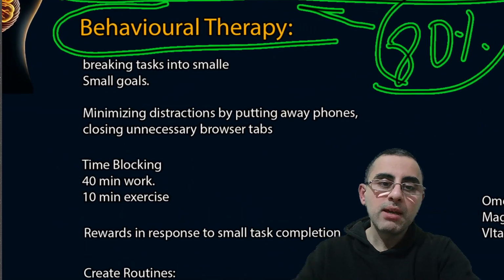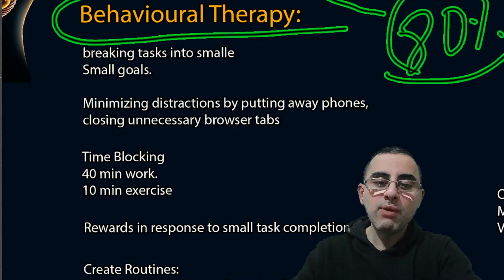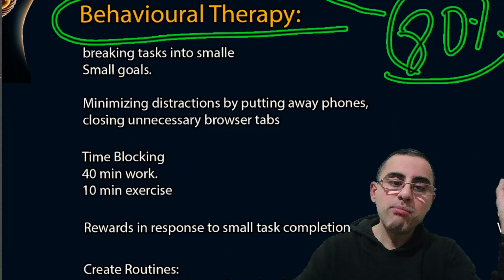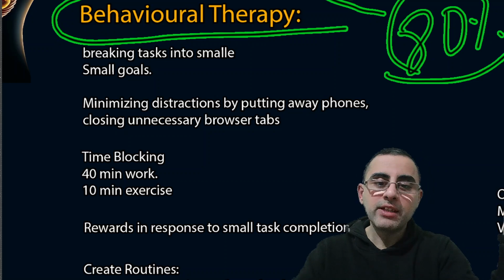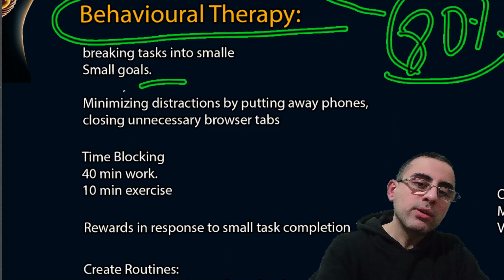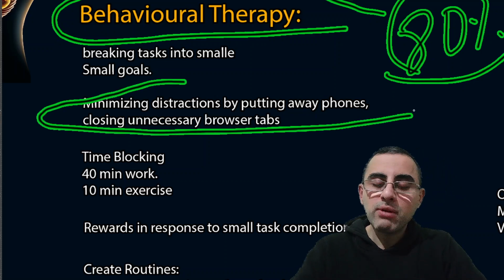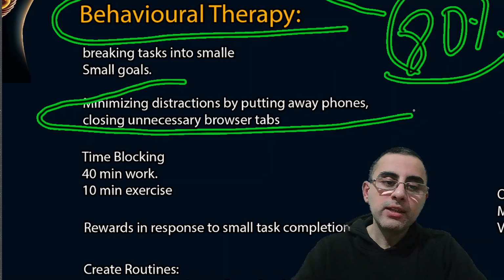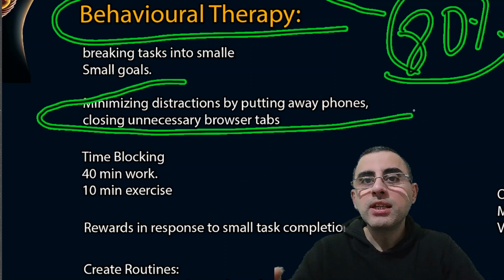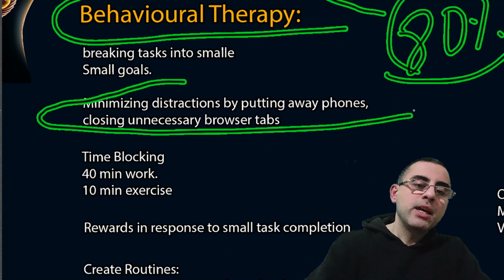It's important. Minimize distractions by putting away phones, closing unnecessary browser tabs, or anything that can distract your attention. You should try to avoid such things and create a peaceful environment around you.